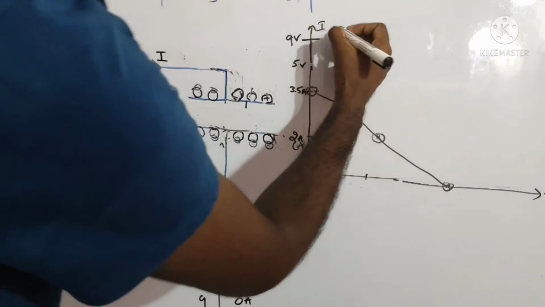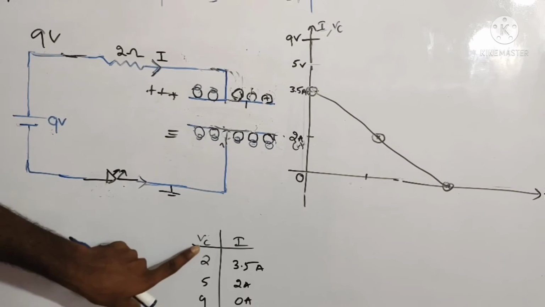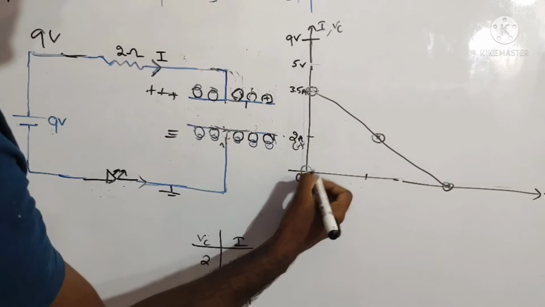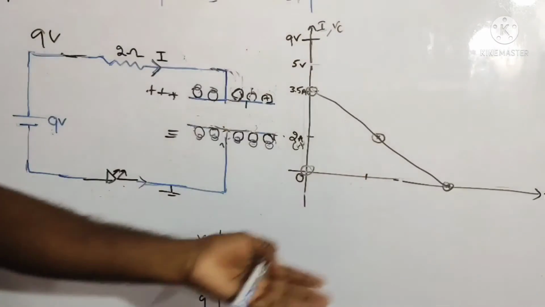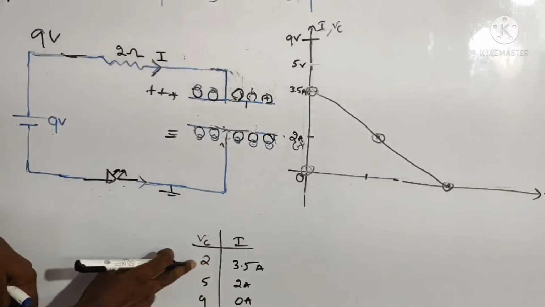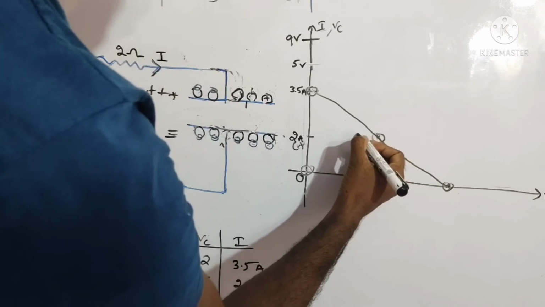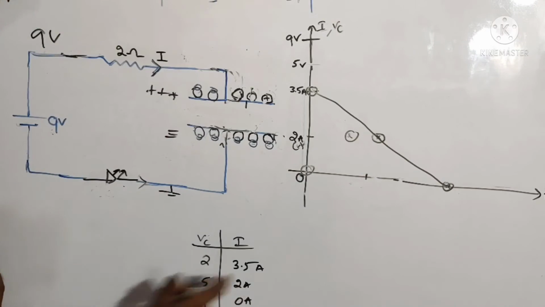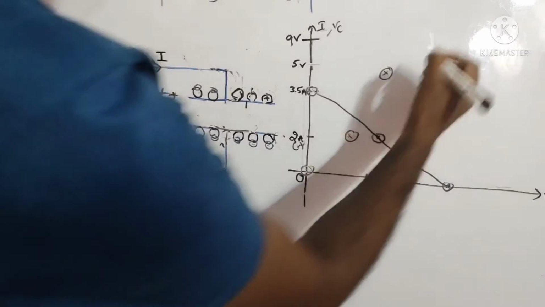And now I'm going to take the voltage across the capacitor. Here you can observe again, initially the voltage is, let's assume, 0. Initially it is 0, and the voltage across the capacitor increases to 2 volts, I'm sorry. As it is charging, the electrons come from here to here, the voltage is increasing, so it comes to 2 volts, and again it goes to 5 volts, and it goes to 9 volts.